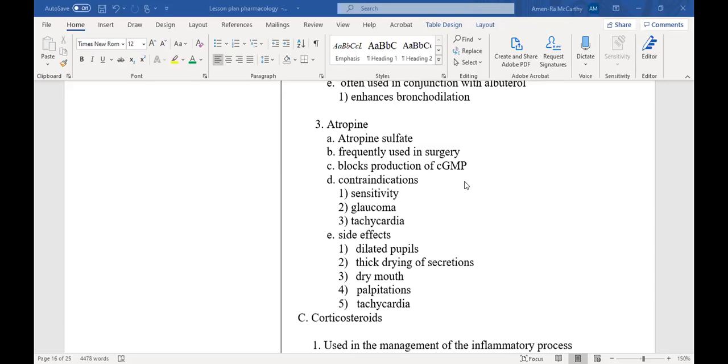Because what does the cholinergic response do to the heart rate? Somebody tell me, what does the cholinergic response do to the heart rate? Does it relax it? What does it do to the heart rate? Decrease. Decrease, good. The heart rate's going to decrease.